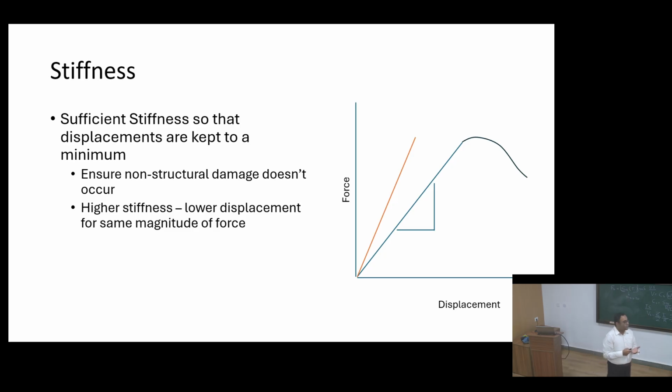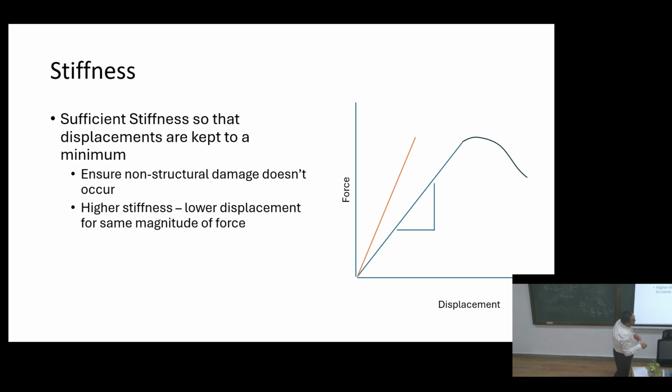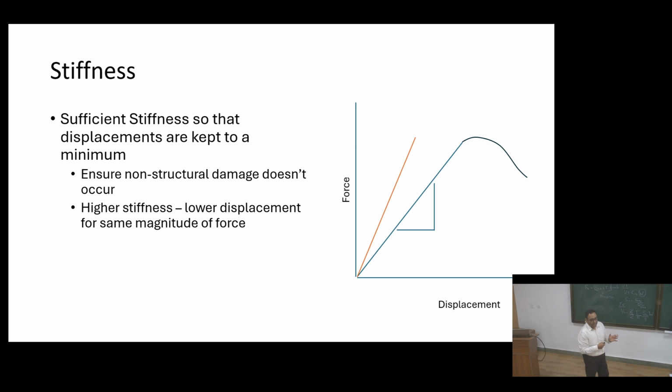So a building should maintain sufficient stiffness so that displacements are kept to a minimum. A stiffer building will have less deflection for the same force.